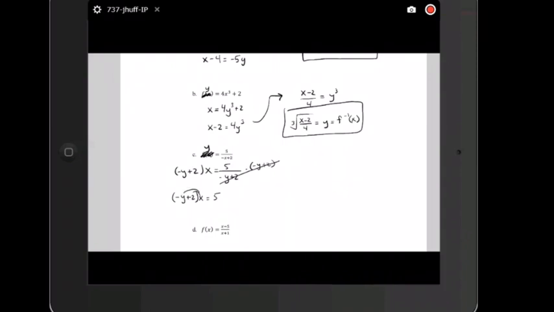So one way you could do this is distribute. Then you would want to move the 2x over. So I'm going to say negative yx equals 5 minus 2x. And then you could divide by the opposite of x.